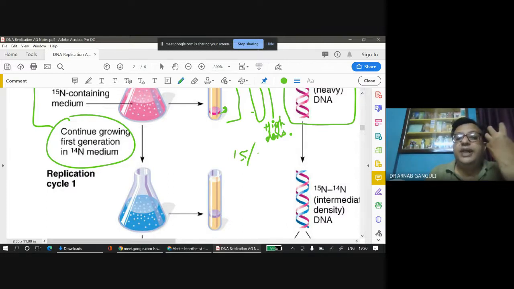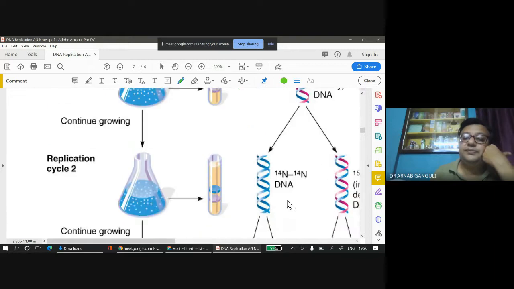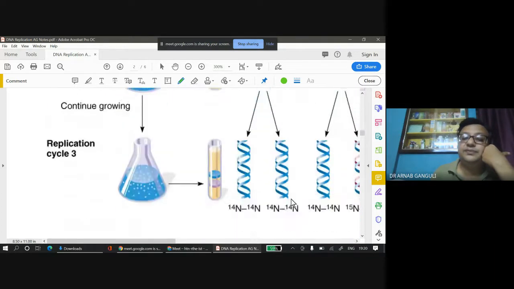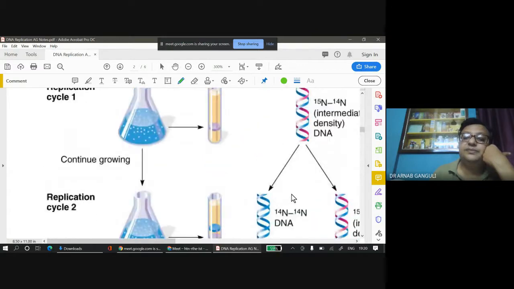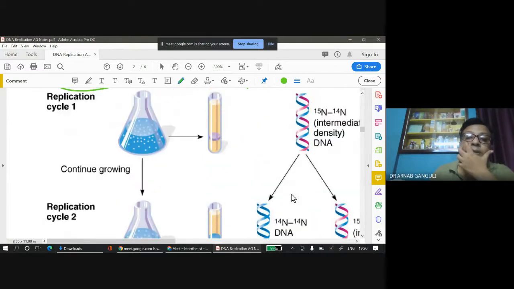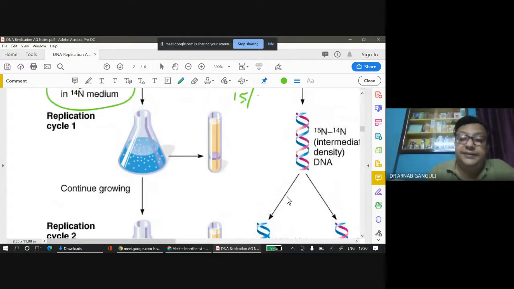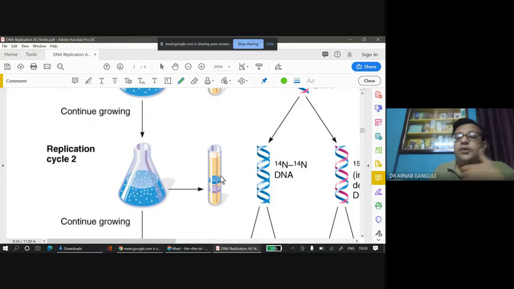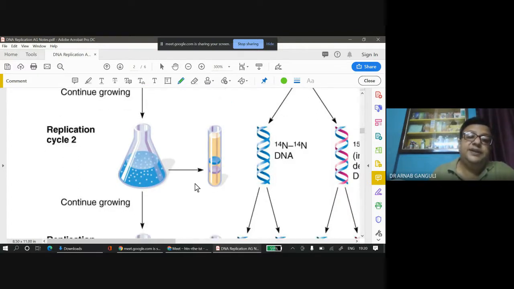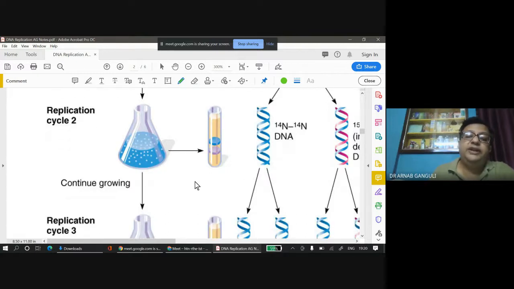So in N14 media, if you grow, it is a bit lighter. You can find it over here. If you compare it with N14, keep on growing N14 to N14.